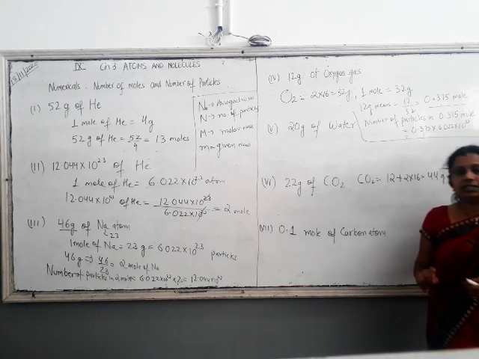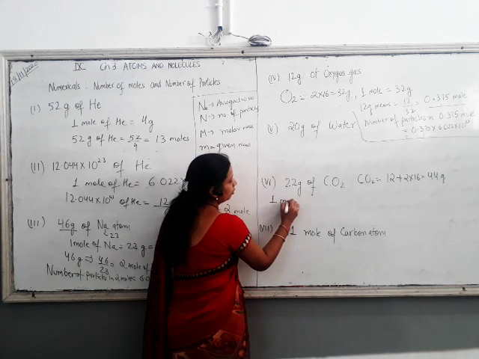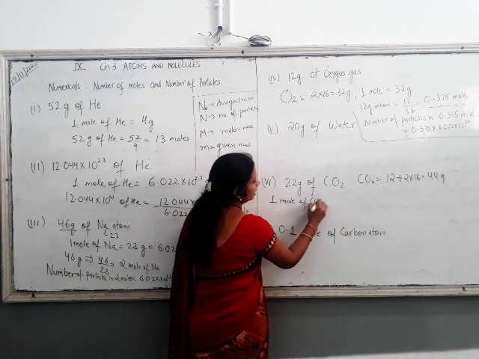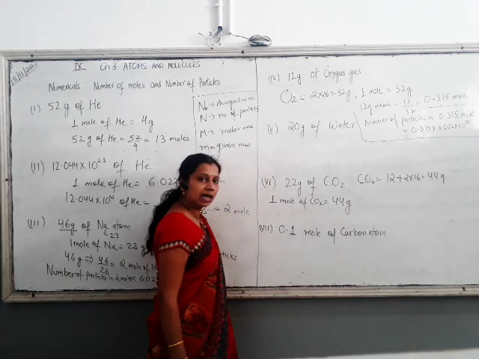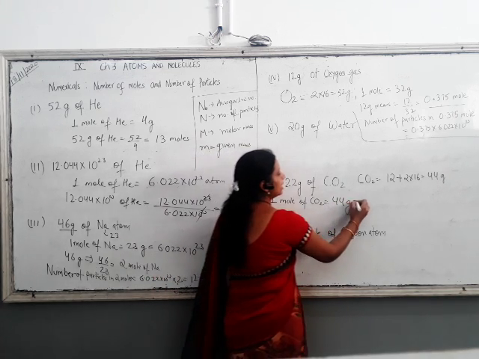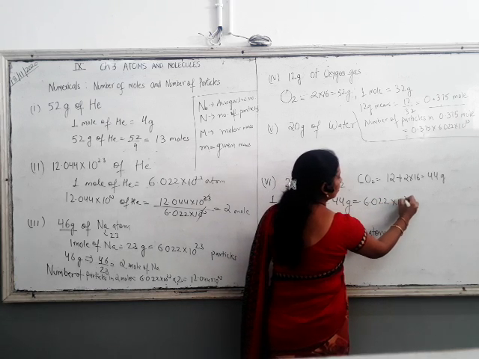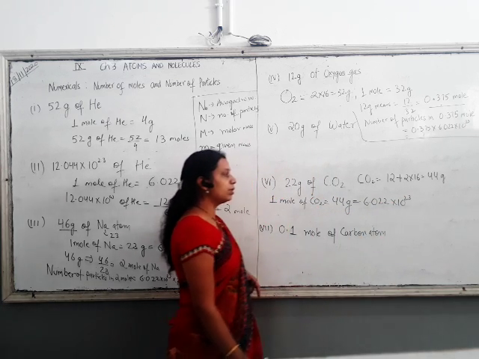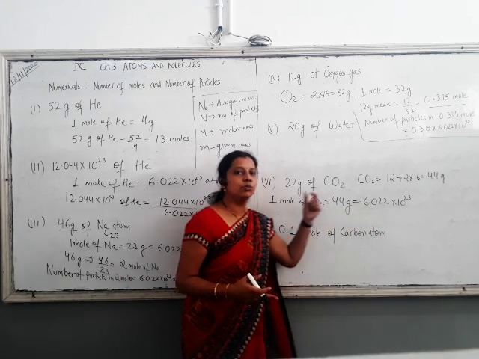Okay, that means this I can write as 1 mole of CO2 means it has mass of 44 gram and it contains 6.022 into 10 power of 23 molecules of CO2 or this much particles of CO2 it contains.